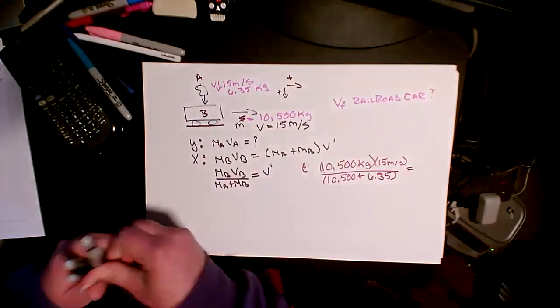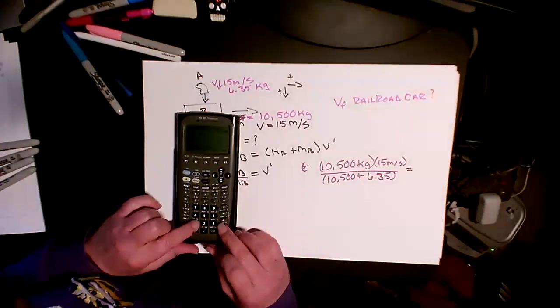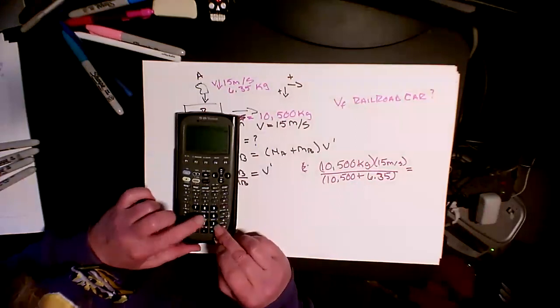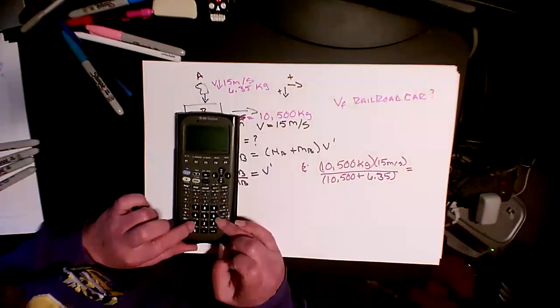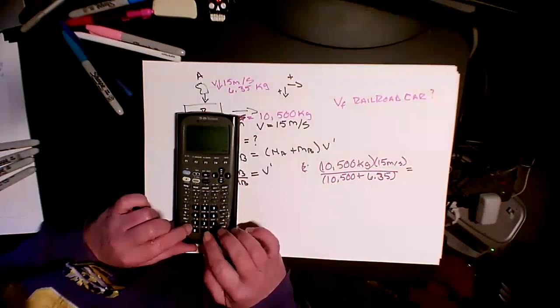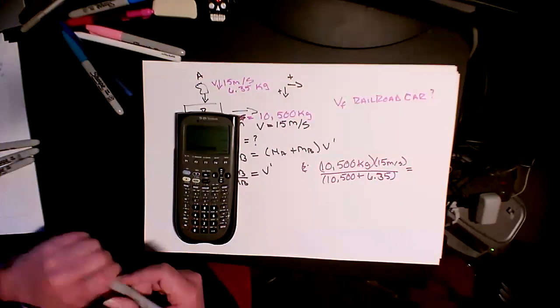So let's see what I get as a final velocity. 10,500. See, he's excited to hear what I get. Times 15 divided by 10,500 plus 6.35. 14.99.